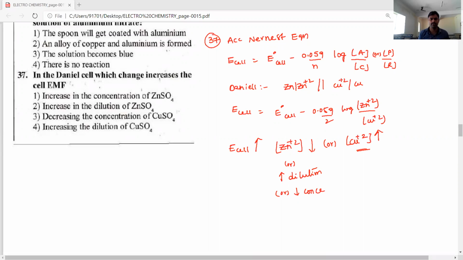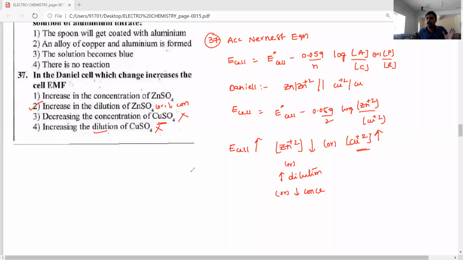Decreasing the concentration of copper sulfate means the E cell will decrease, so that is not the answer. Increasing the dilution of ZnSO4, or decreasing the concentration, means the second option is correct.